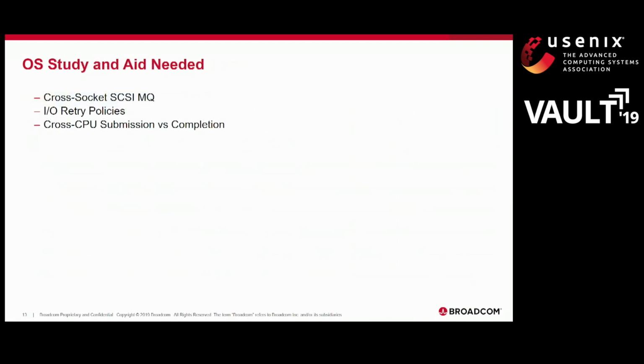So, needless to say, we're not done in this story. We have a couple of areas that we definitely want to keep attention on, such as the SCSI MQ behavior and cross-socket scaling, and the issue that we saw in retry policies, and so on in the last slide. We also have a few things in the driver where there are still locality and data structure breakouts that we want to do.